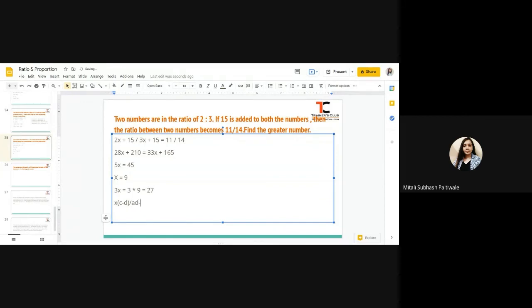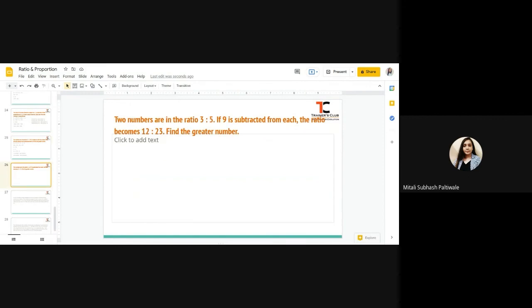So the first number is XA, and the second number is equal to XB, C minus D, by AD minus BC. That's it. Okay, these are the formulas.